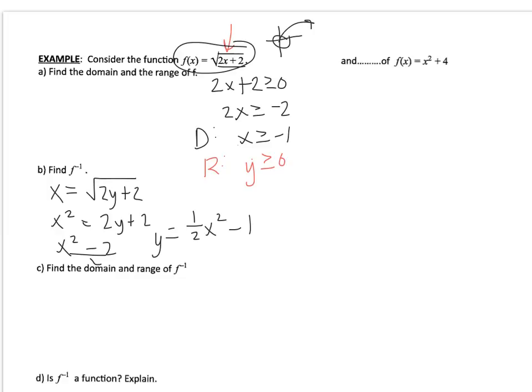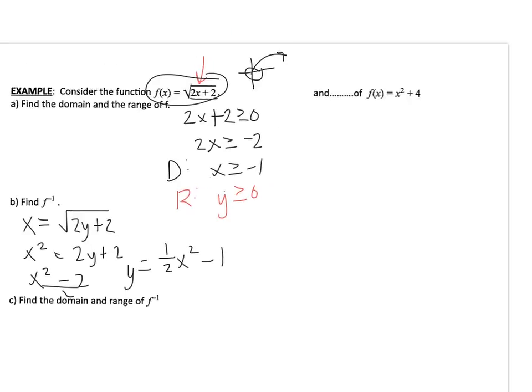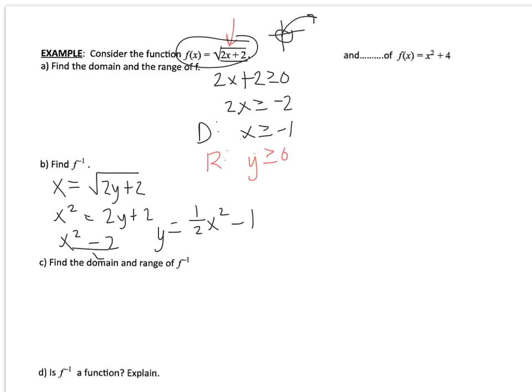So this original one is half a parabola. It doesn't have the plus or minus in front. So the domain and range of f inverse is going to be these two flipped around. So the domain is x greater than or equal to negative 1, and the range is y greater than or equal to 0.